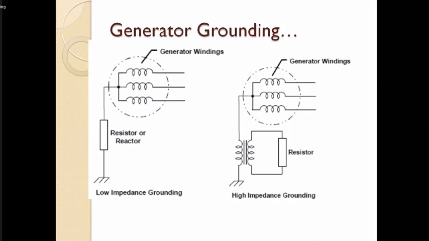We are not connecting this. This transformer, we are connecting it to this resistor here to make it higher. And that's why we call it high impedance grounding. So whichever way you can ground it, fine.